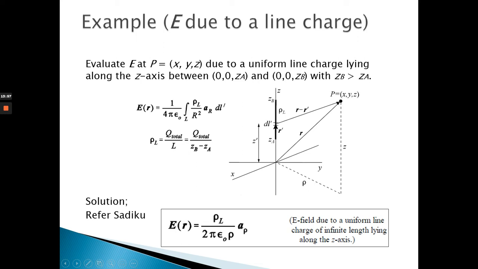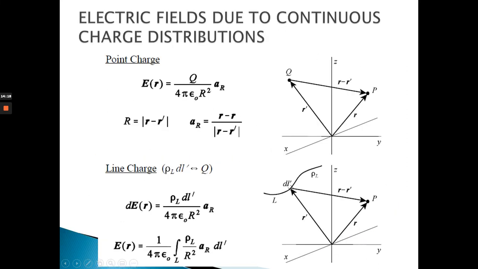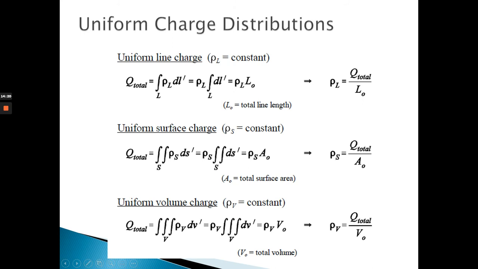So we move on. This is for the line charge, and this one is for the surface charge. You can check here how they have done it. Because this is surface charge, we know from before that rho S is equal to Q total divided by the area.